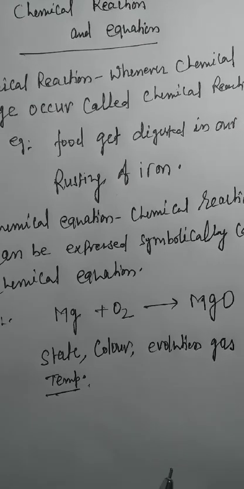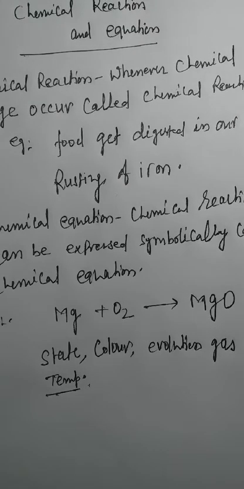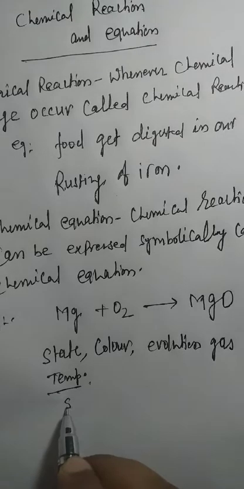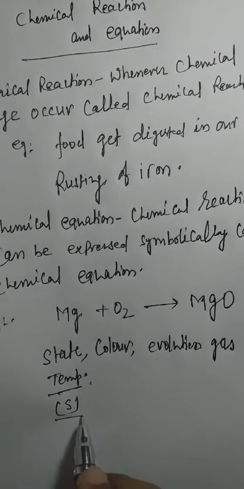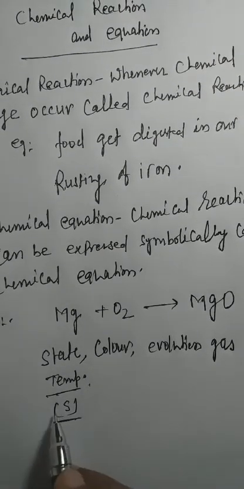Then next is the physical state of a reactant or product, mentioned as informative idea. If something exists in solid state we write s in brackets in small letter.